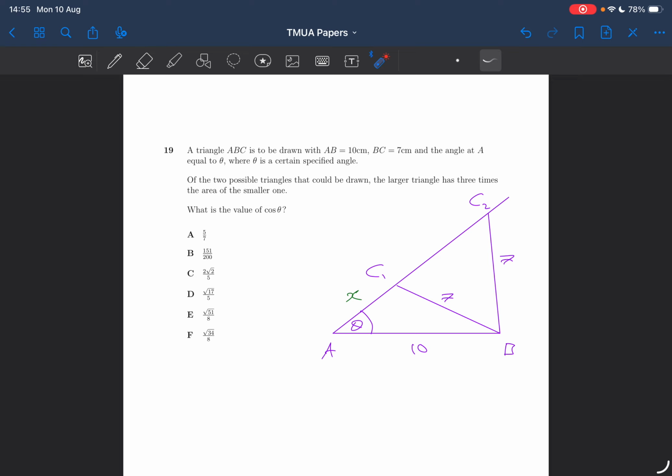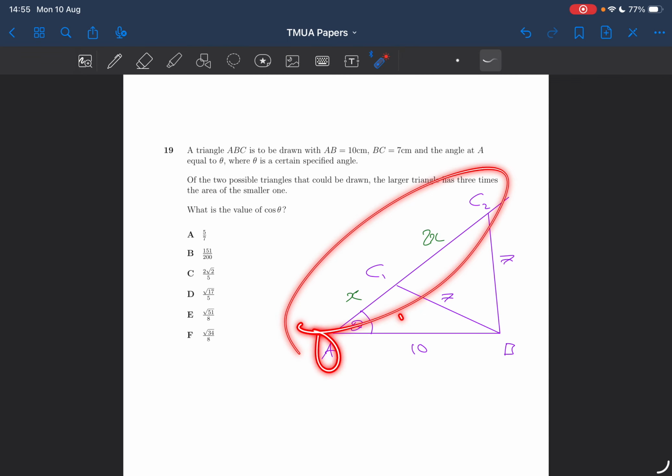You do half AB sine C. So if we think about like from this angle, this and this don't change. The only thing that does change, therefore, in the form of the area is this length. So if it becomes 3 times larger, A to C2 must be 3 times larger than A to C1. So if we call that x, we know this bit is going to be 2x up there, and i.e. the whole thing is 3x from there to there.